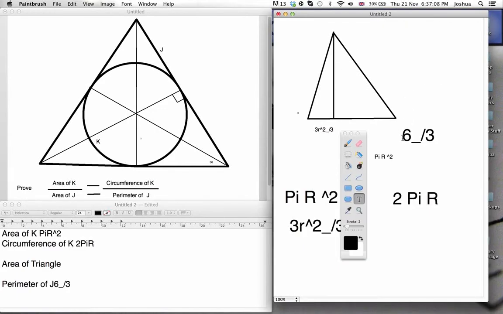Actually, it was 6r the square root of 3. I'm going to add that r in because we might need it later. I've been ignoring r because I've been treating it in terms of 1, but it has to be 6r.